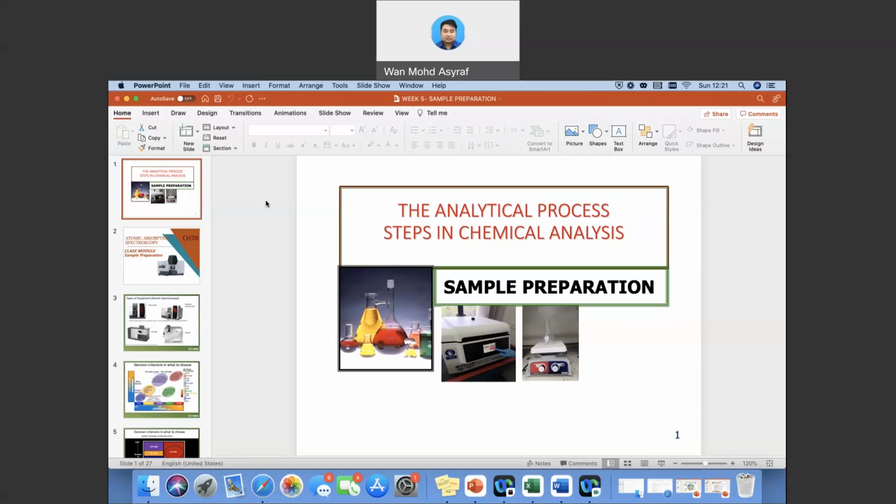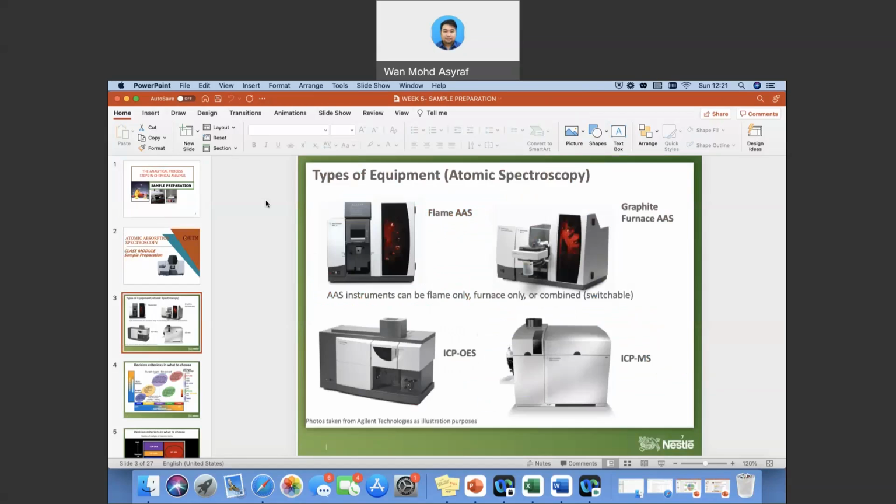First of all, you need to know the type of atomic spectroscopy equipment that you are going to be using. If you are using flame AAS or graphite furnace AAS, the sample preparation may be minimized because you just put your sample inside the graphite tube.